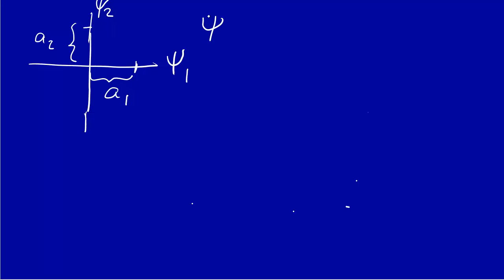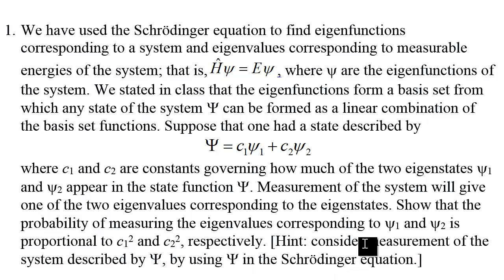Now suppose that we have the wave function, as stated in the problem, to be a linear combination of these two eigenstates, C1 psi 1 plus C2 psi 2. What we want to show is that the probability of measuring the eigenvalues of this mixed state, corresponding to the eigenstates psi 1 and psi 2, are given by the square of the coefficients that you're using in this linear combination.